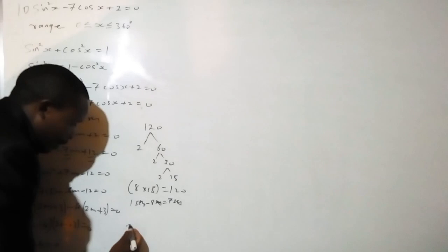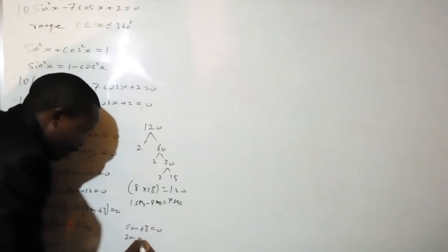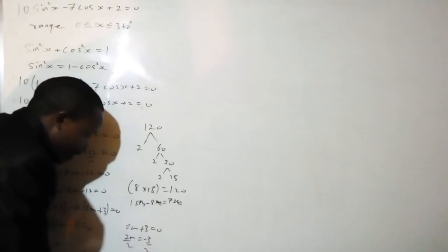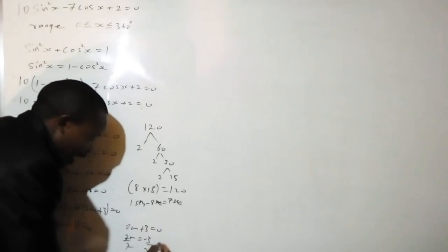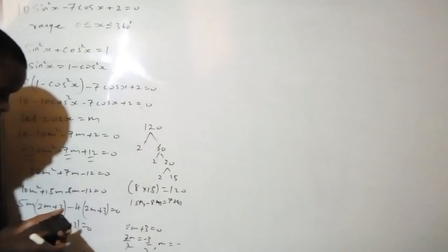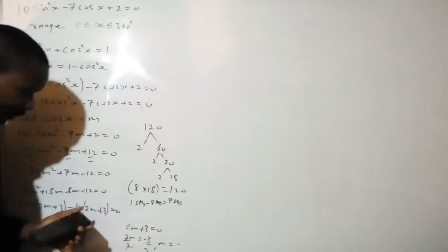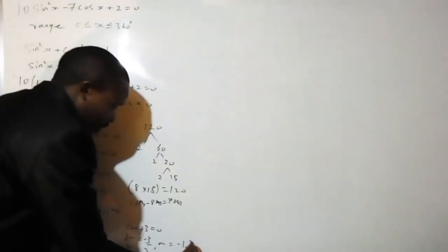Or 2m plus 3 is equal to 0, 2m is equal to negative 3, and m is equal to negative 3 over 2, which is negative 1.5. That is our m.